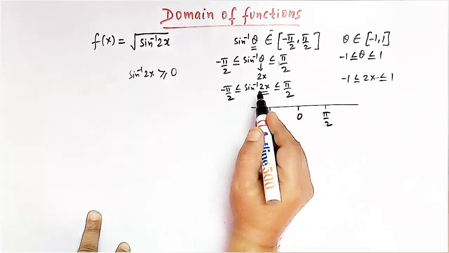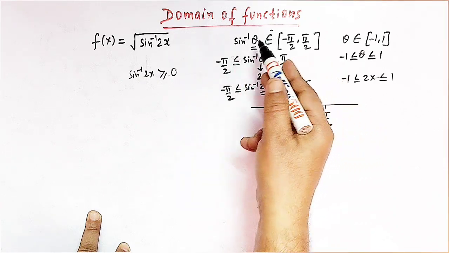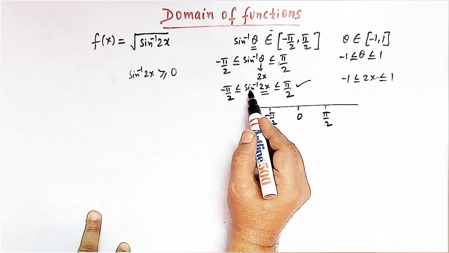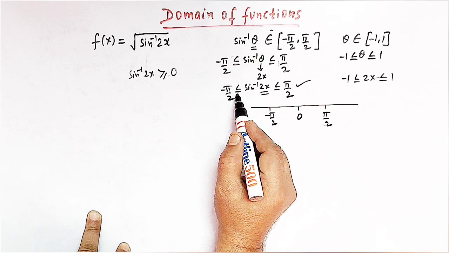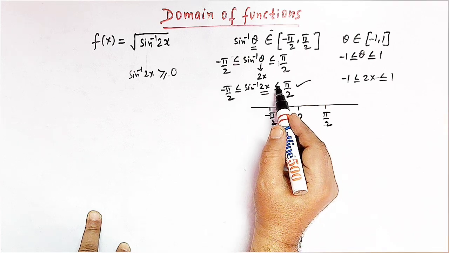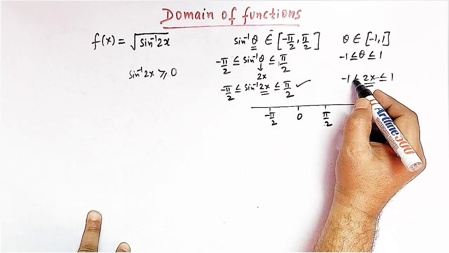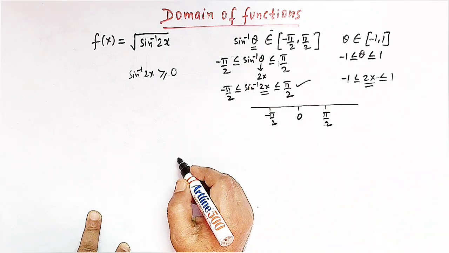Now see, from the range of the sine inverse function, this inequality says that sine inverse 2x should be greater than or equal to minus pi by 2 but less than or equal to pi by 2, provided 2x is greater than or equal to minus 1 but less than or equal to 1, right?